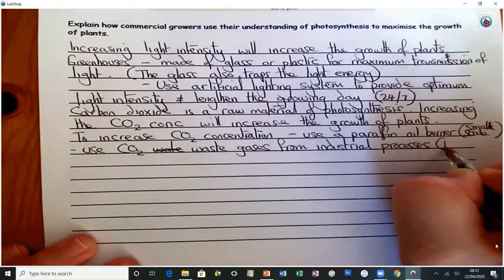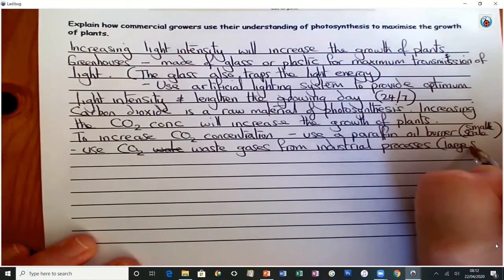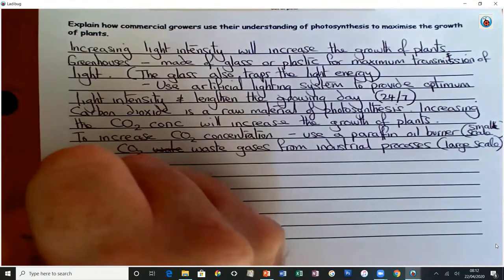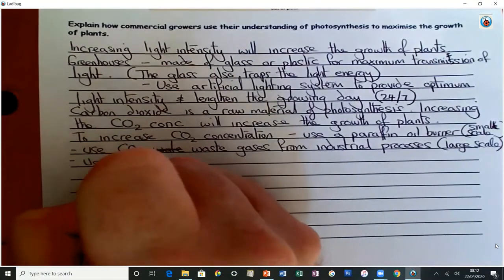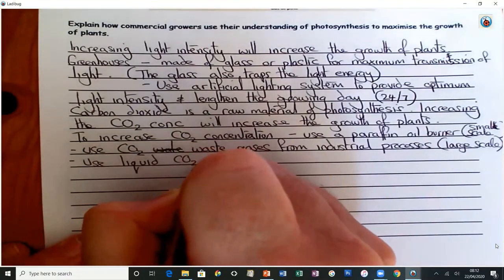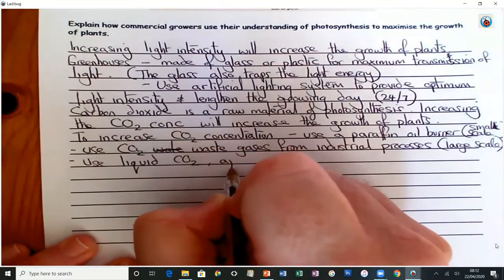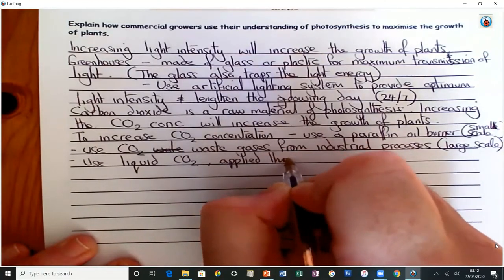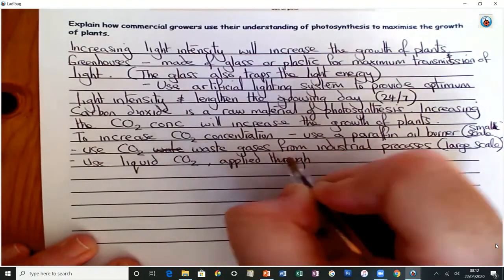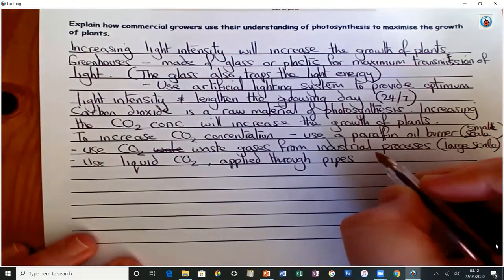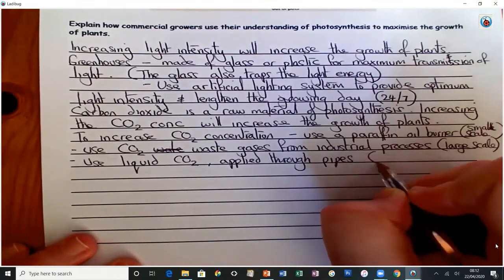It's large scale. Use liquid carbon dioxide. That's applied through pipes. And again, that's large scale, but it's also expensive.